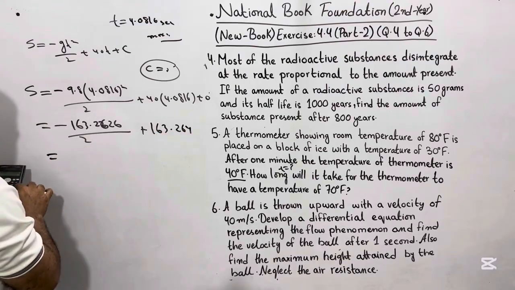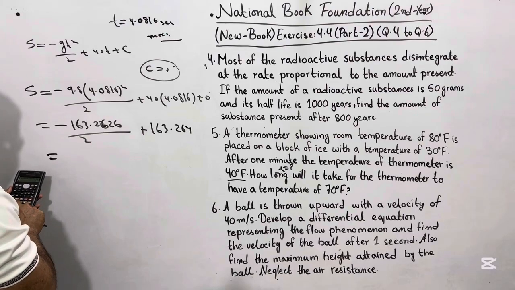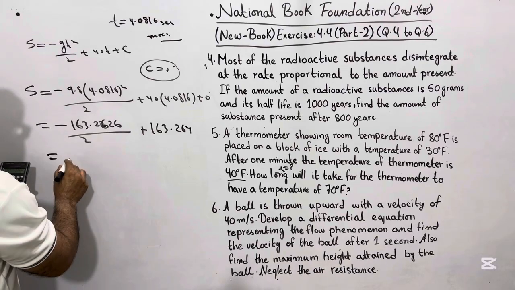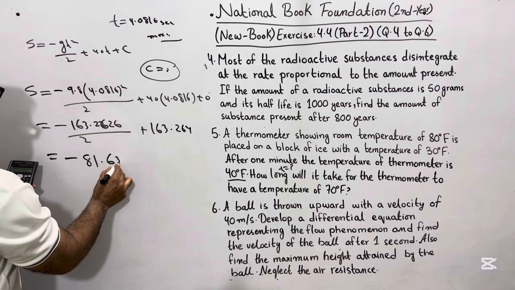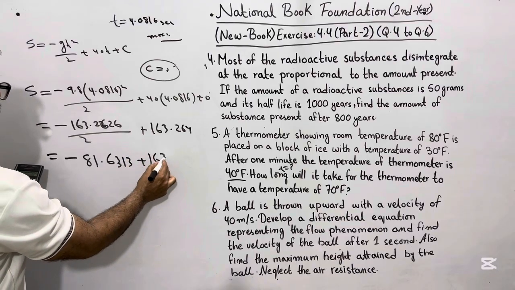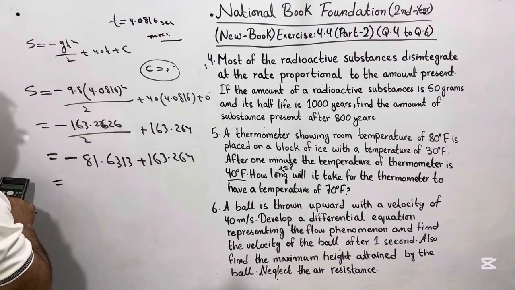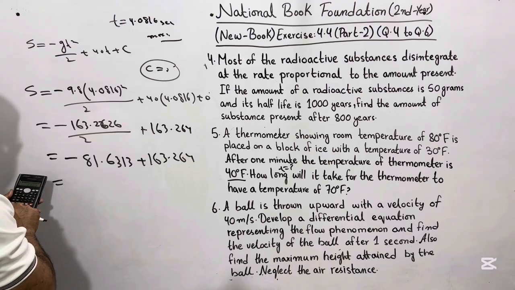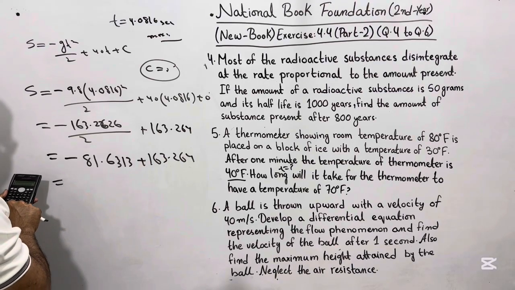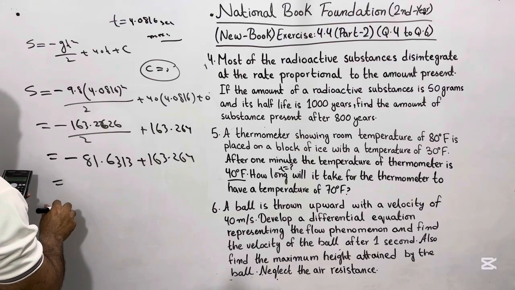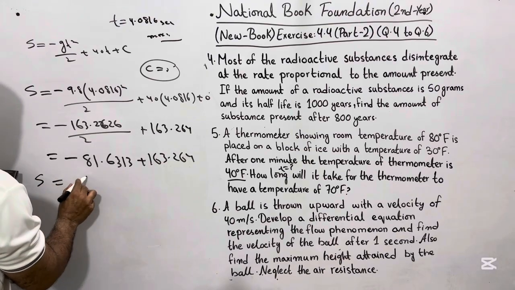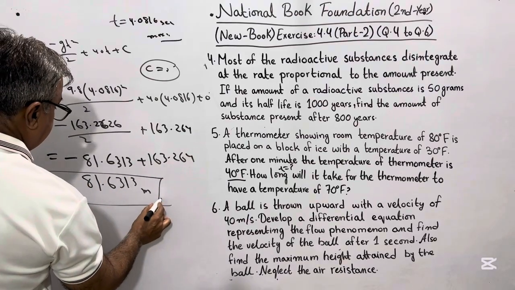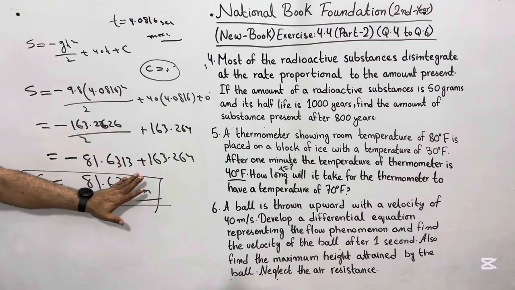Dividing the first quantity by 2, we have minus 81.6313 plus 163.264. Now minus 81.6313 is equal to 81.6313. That is the maximum height reached by the ball.